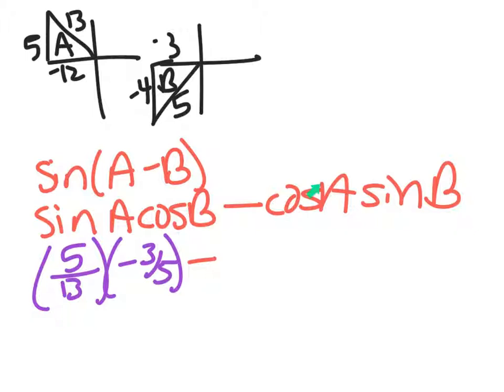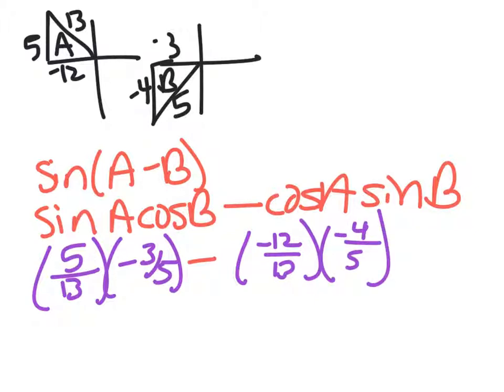Then I'm going to find cosine on the A triangle and sine on the B triangle. So all you're doing is setting it up and then getting your information off of your triangles. So cosine off the A is negative 12 over 13. Sine off the B is negative 4 over 5.